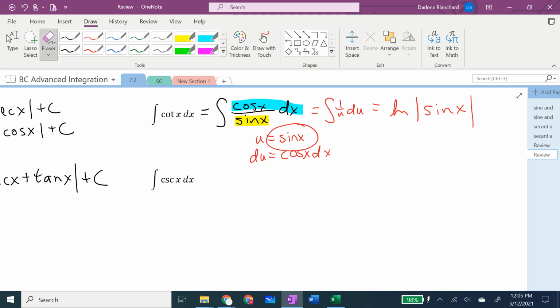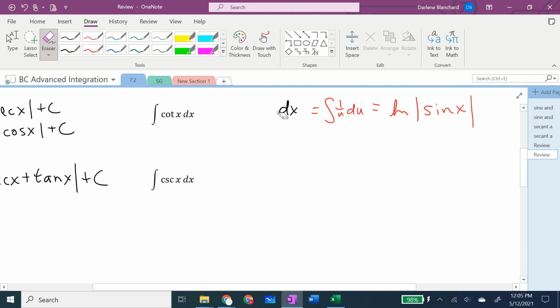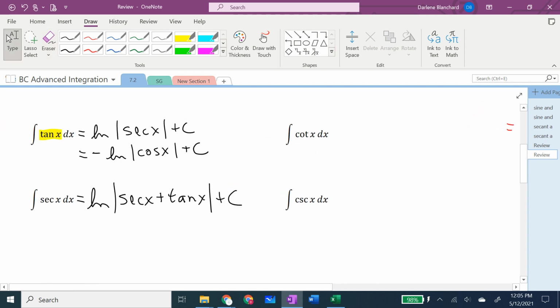Okay, I'm going to erase this. And I will say that all four of these trig functions have other ways they could be written. The one that you're least going to write in other ways is secant.